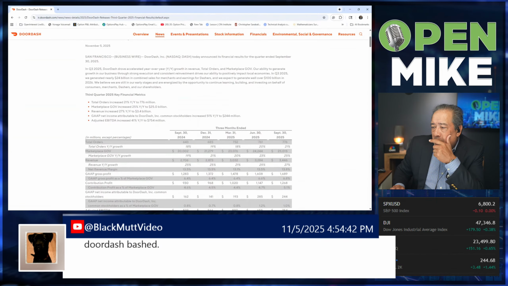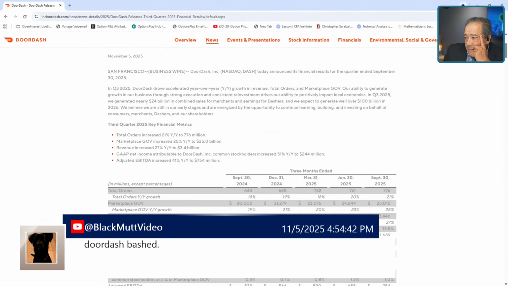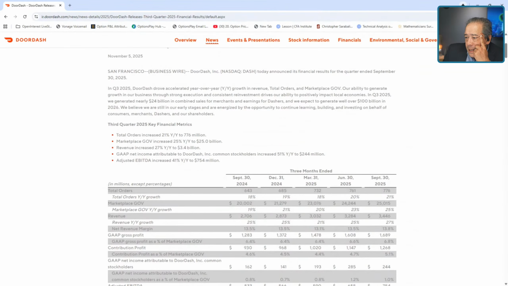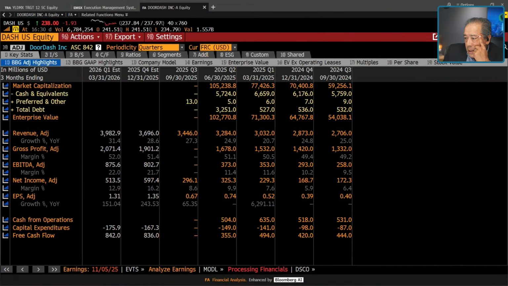Orders increased by 21%. Revenue is up 27%. GAAP income was up 51%, but that was $244 million. So GAAP earnings, $244 million.